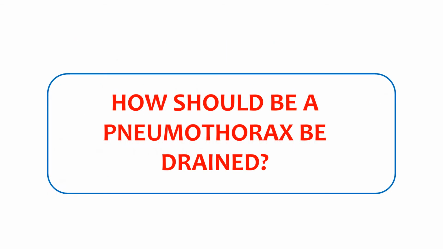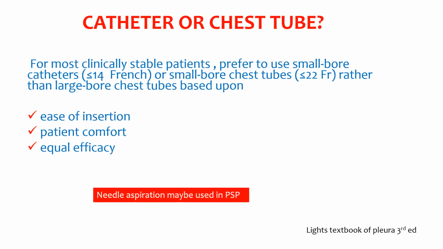Now, how should a pneumothorax be drained? Catheter or chest tube? For most clinically stable patients, small bore catheters or chest tubes rather than a large bore chest tube, because it's easy to put and the patient is more comfortable and has equal efficacy.